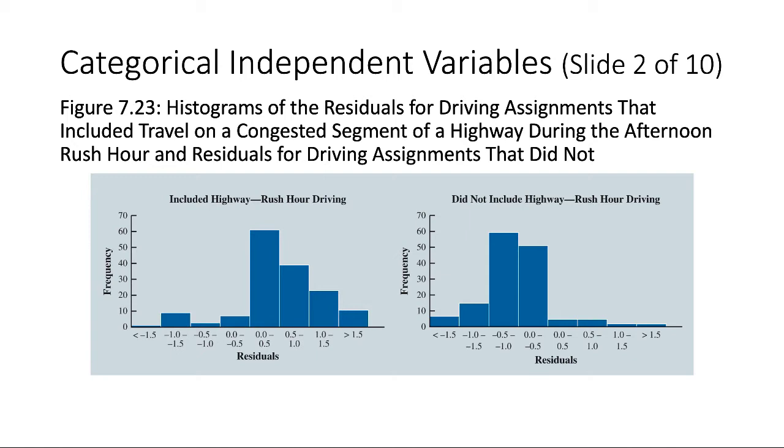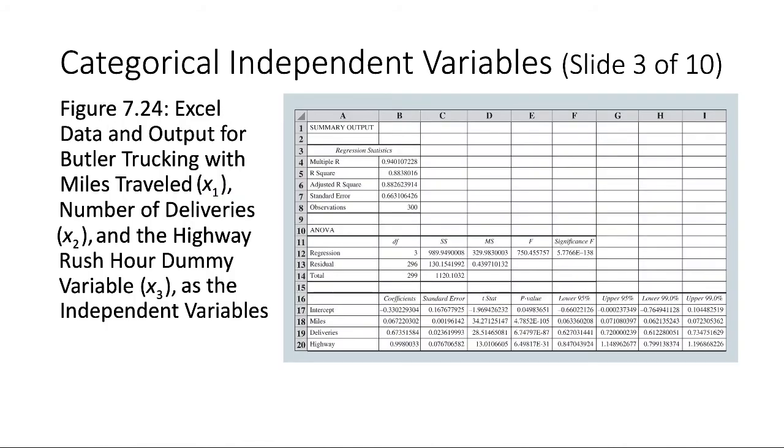So we proceed by adding the dummy variable x3 to the current regression model. Using Excel's regression tool, we can develop the estimated regression equation. We can see the coefficients for the intercept, miles, deliveries, and highway, so we can form the equation.